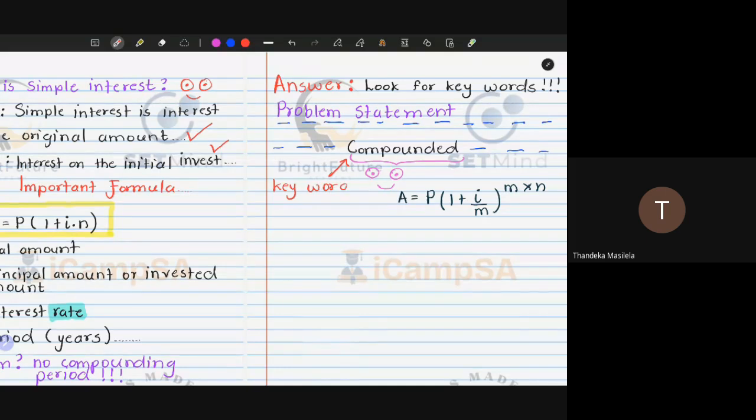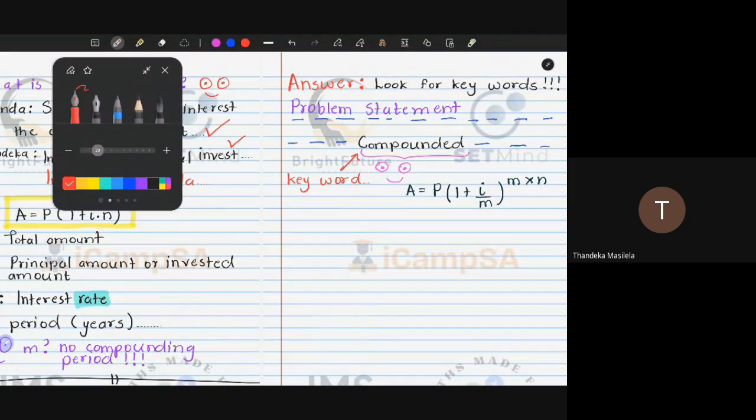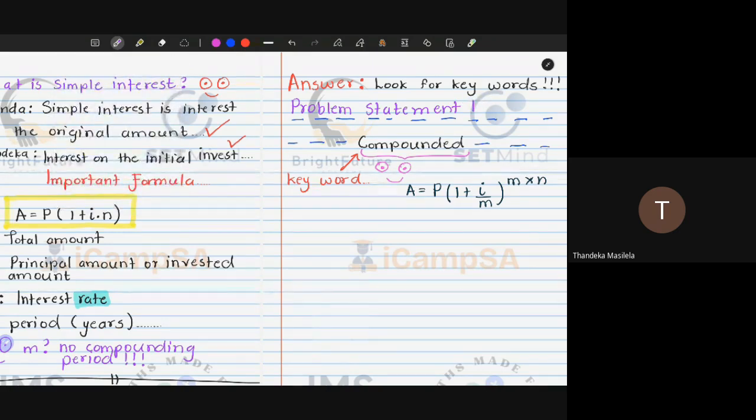Because remember, the question was, when do we use compound or simple? So let's deal with another problem statement. This is problem statement 1. Let's look at problem statement number 2.